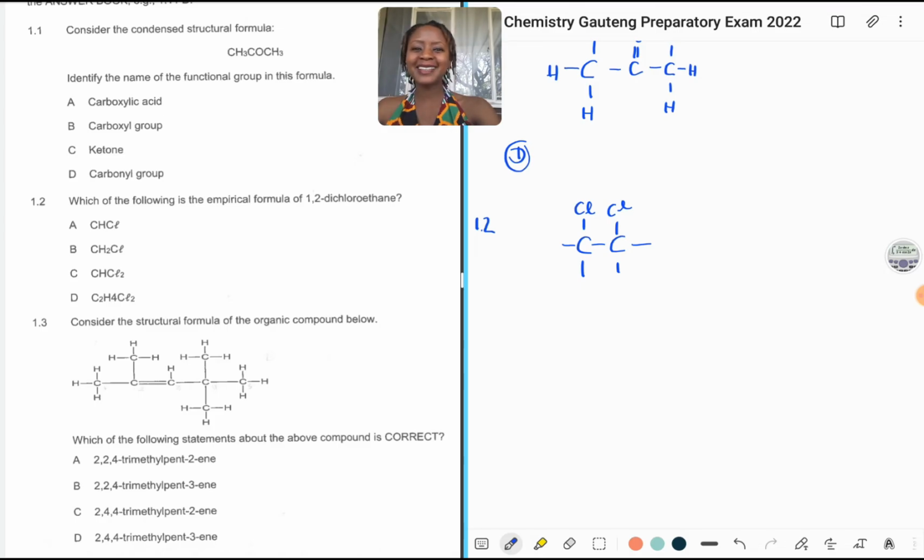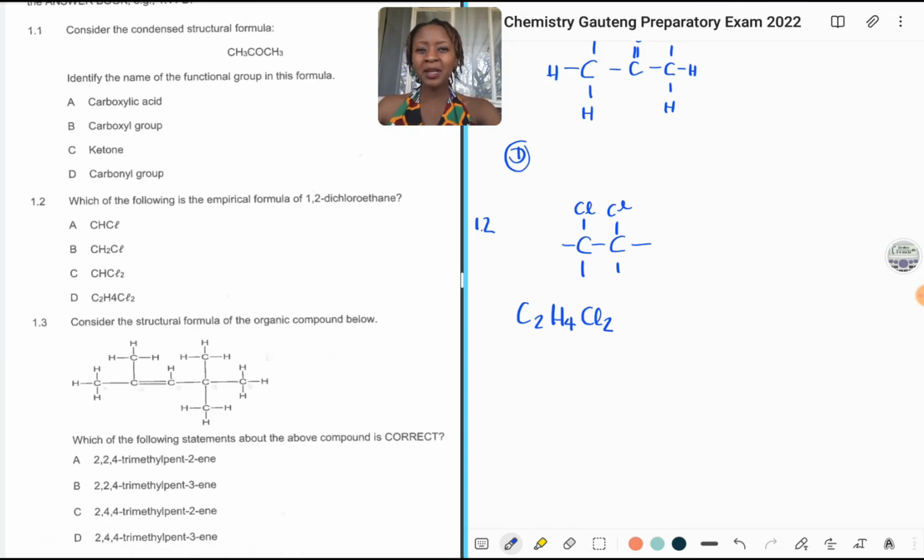I'm not going to put them in, they're time consuming. If you were to write down the molecular formula, you would have 2 carbon atoms, 4 hydrogen atoms and 2 chlorine atoms. So that would be your molecular formula.